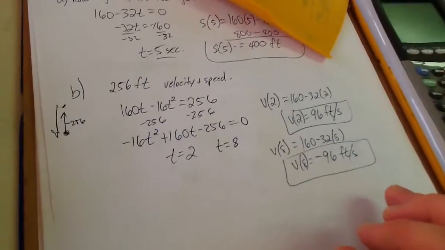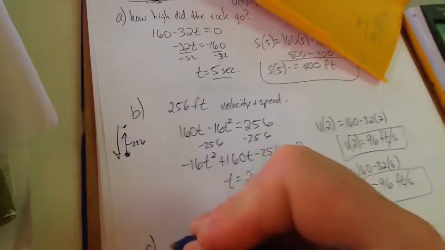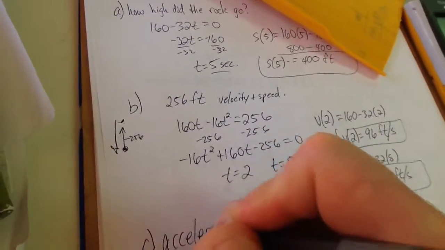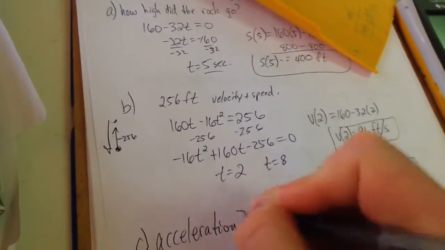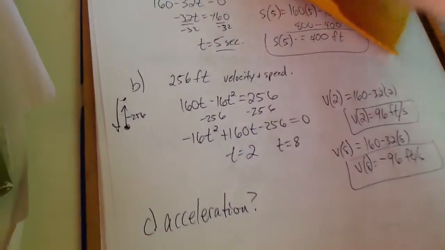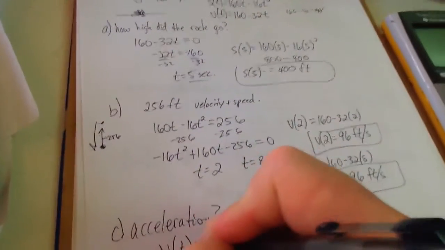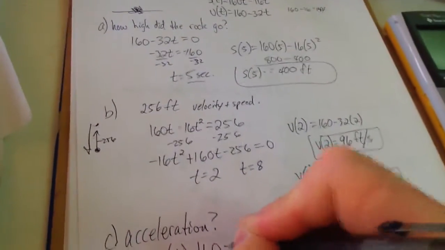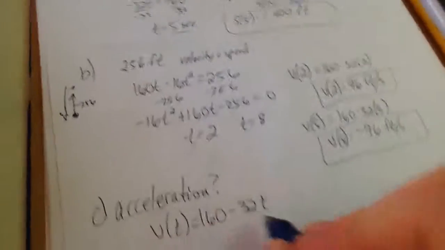C, what is the acceleration of the rocket at any time t? So we want acceleration. Well, acceleration is just the derivative of velocity. So we just take that function, v of t, and do the derivative of it.